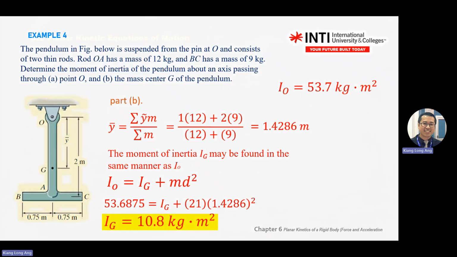So part B, you look at the whole object. Now, if you say, sir, is there any way I can find this answer from the appendix? Let's say a question asks you the center of mass, center of gravity G of the datum here. This one is very direct.